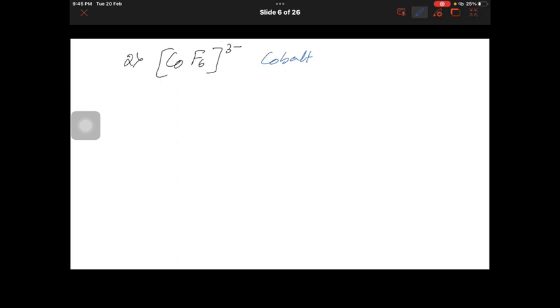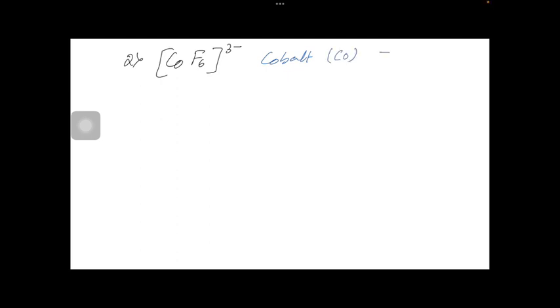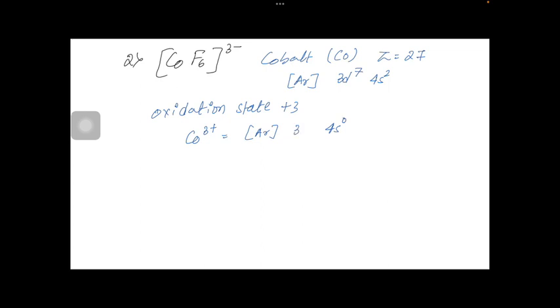Cobalt, atomic number 27, electronic configuration argon 4s2 3d7, oxidation state +3. So for Co3+ argon 4s0 3d6. Orbital diagram: 3d6, 4s0.